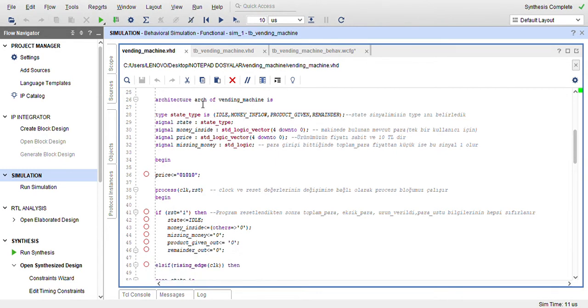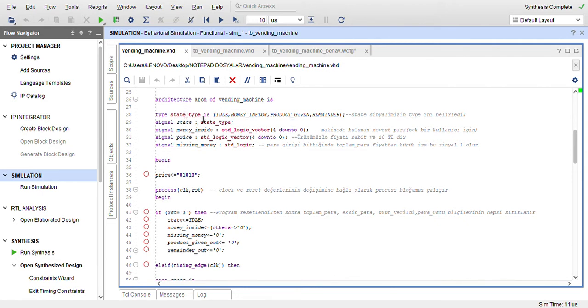We write arc of vending machine. This part is important. In this part we have to indicate our state type. First of all, we need to write the type keyword, then we give a name.